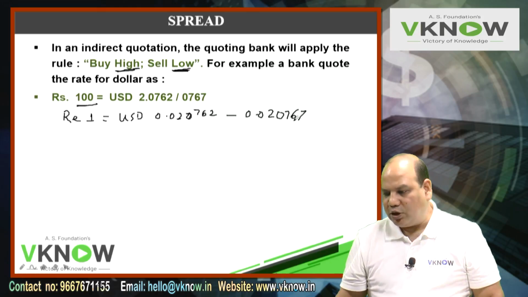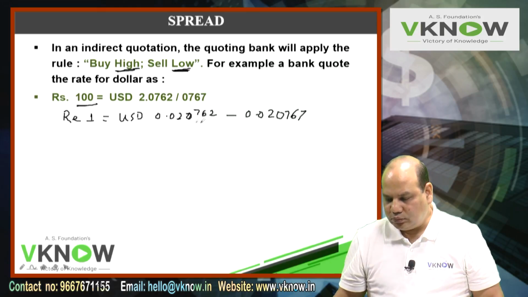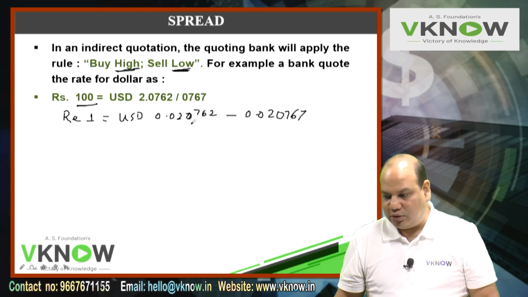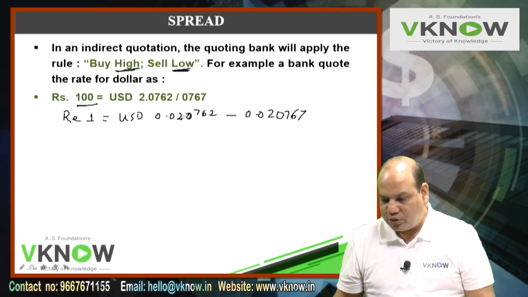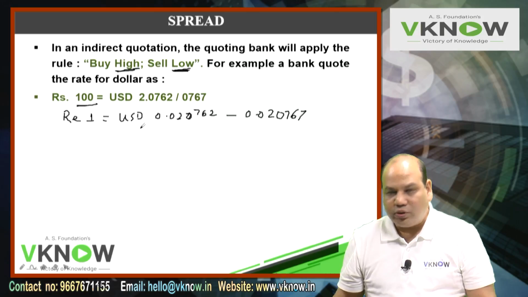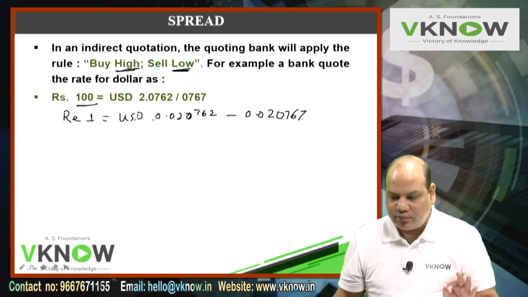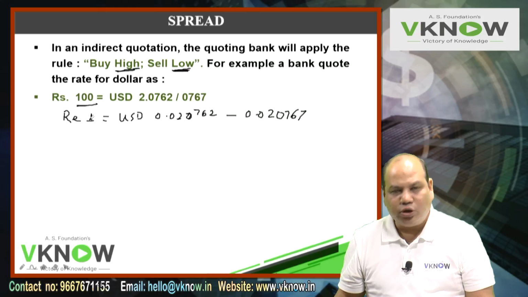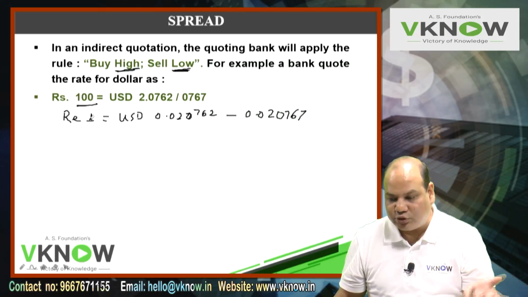It is so difficult to read the numbers which are in fraction and that too so many zeros here. So what they do, it is an indirect quote, but to make it easier for understanding, they multiply 1 rupee by 100. Sometimes they multiply by, in case of some currencies, 1000.